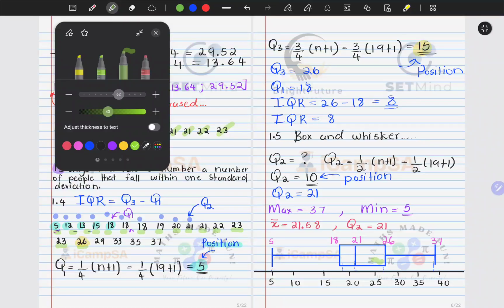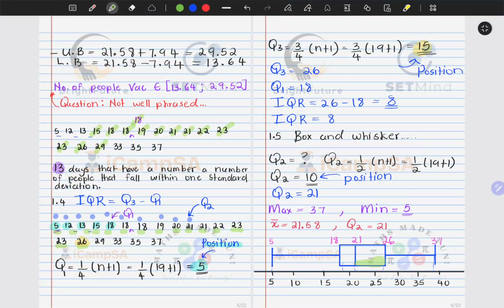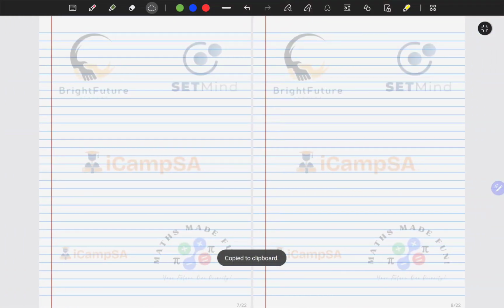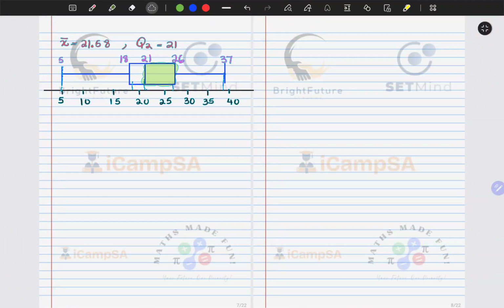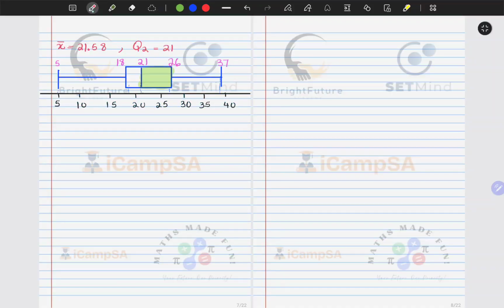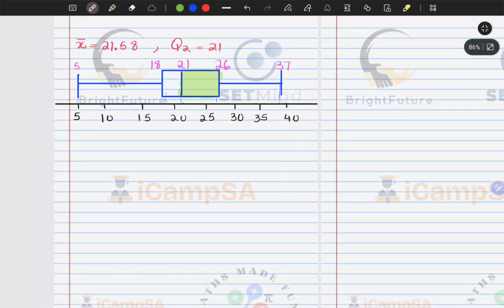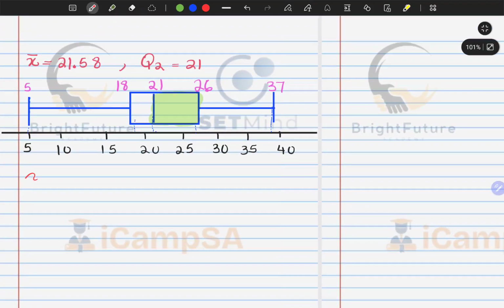And when your mean is bigger than your median, your box and whisker becomes positively skewed. So let's make a note of that. This is very important, guys, that you observe your mean and your median. If your mean is bigger than your median, then your data will be positively skewed. So let's make this important note.